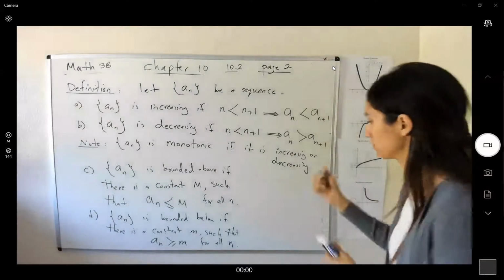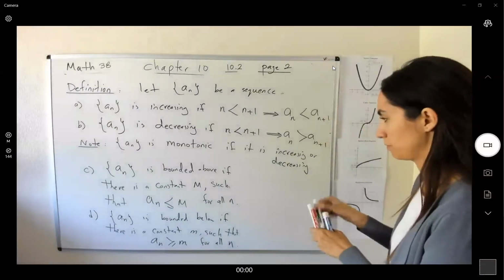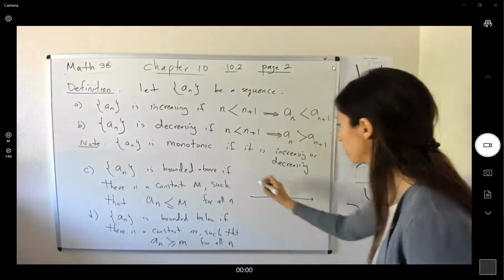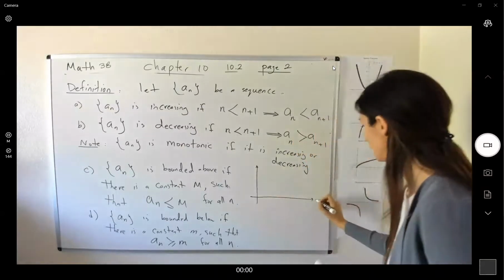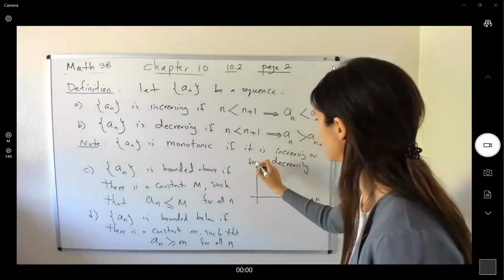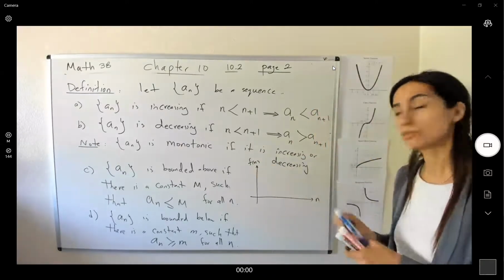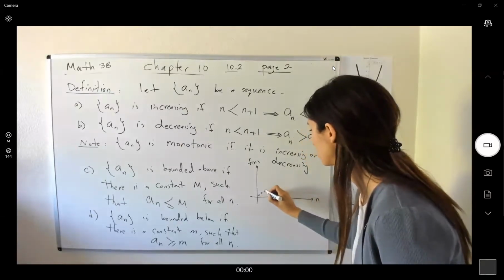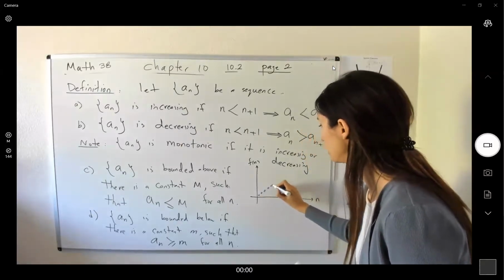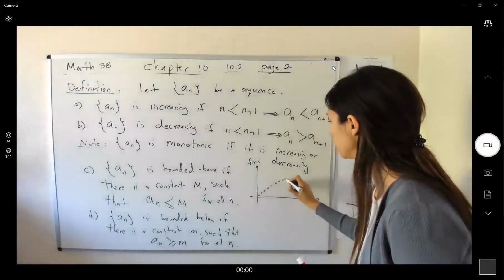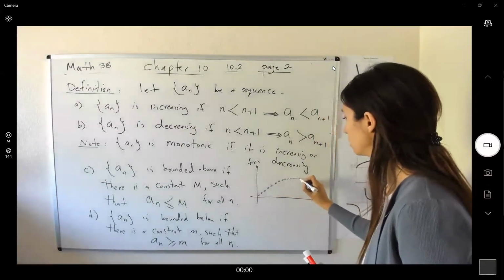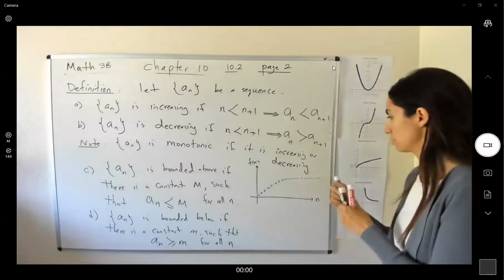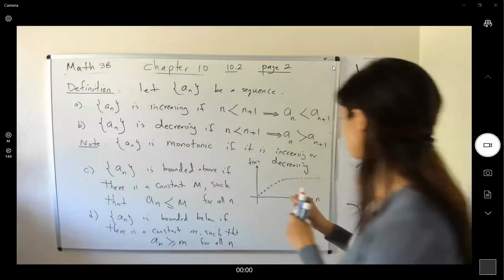For example, for bounded above, this is n, this is f of n, you have some terms. Suppose you have this sequence, it starts increasing and then it continues the behavior like this.